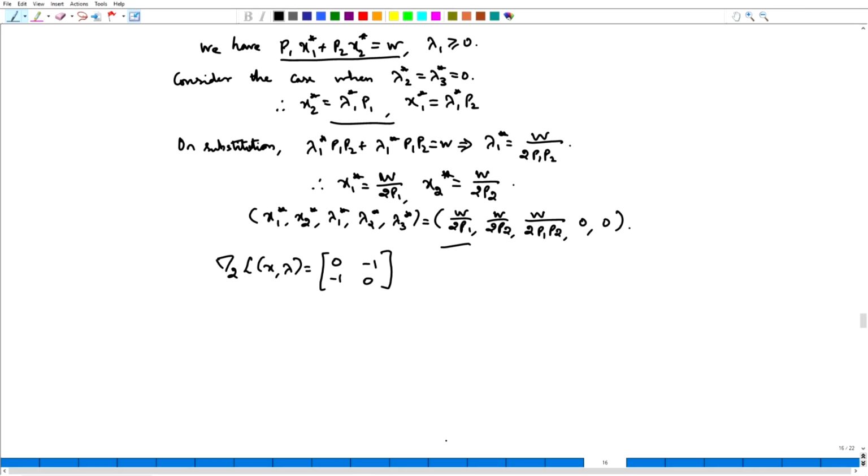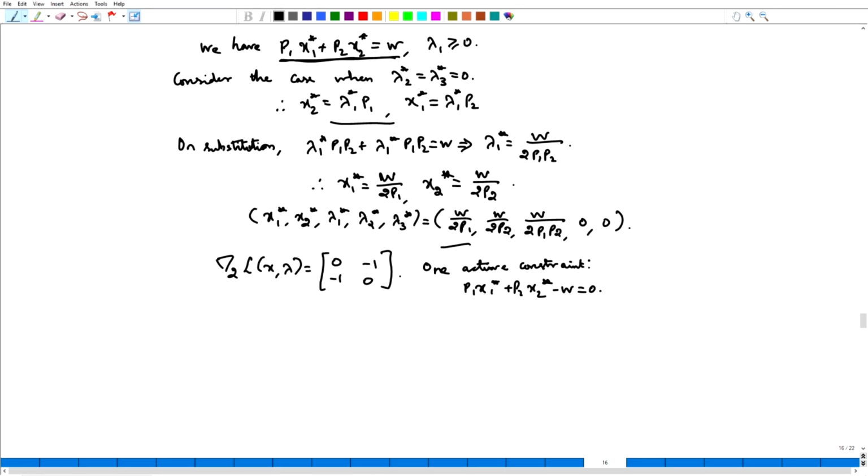And you also need to see what the active constraints are. There is only one active constraint, which is p1 x1 star plus p2 x2 star minus w equal to 0. x1 and x2 you can see are actually greater than 0.